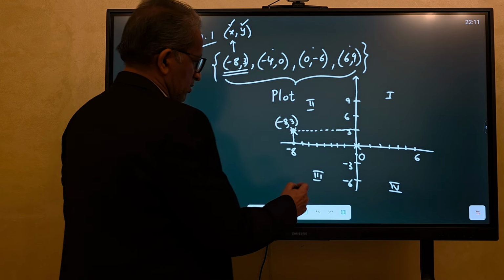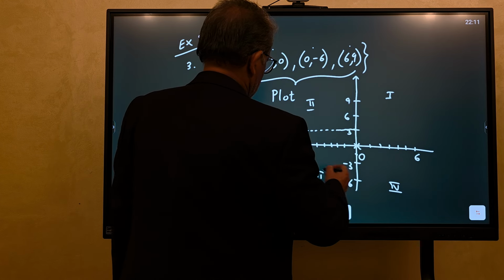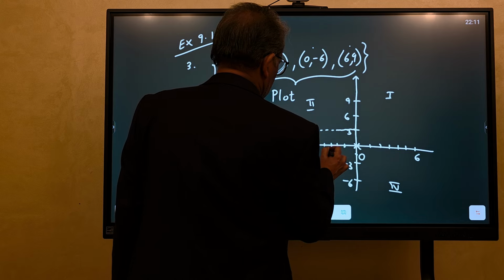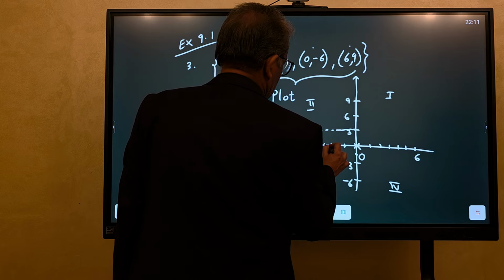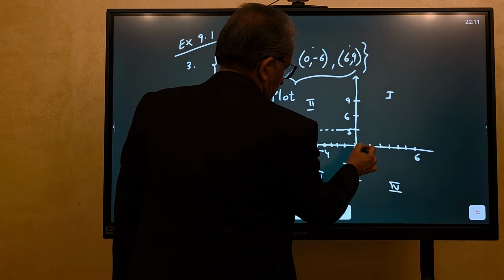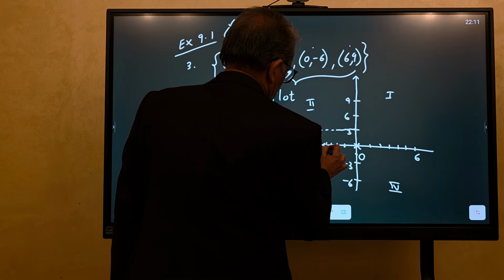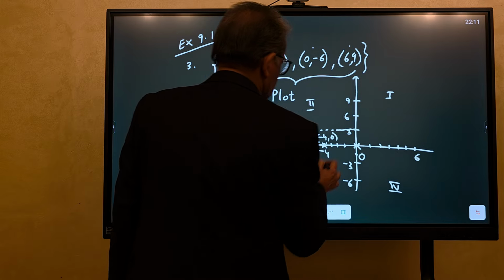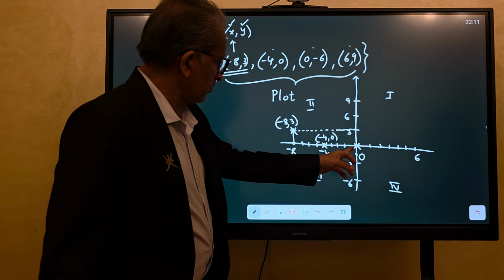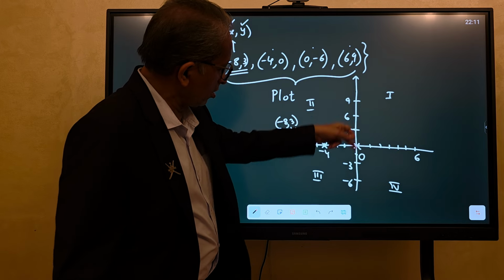Next, -4, 0. -4, 0 means we have here 1, 2, 3, 4, that is -4. And 0 means no y here. That means it is here only. So -4, 0 is here. Because y is 0, it doesn't go up or down.